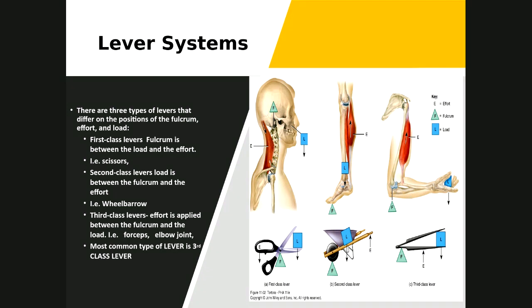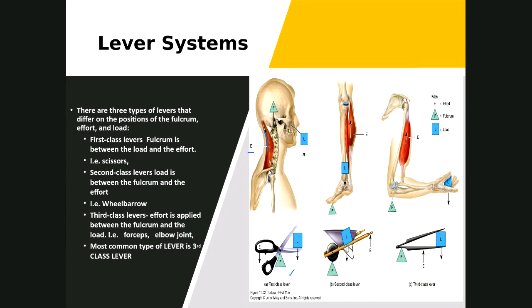So first class would be like a scissor, and this is an example of, for example, our cervical spine. So first of all, the fulcrum is along the spine itself. The effort is the cervical muscles, and the load would be the weight of our head. And that's called the first class lever.